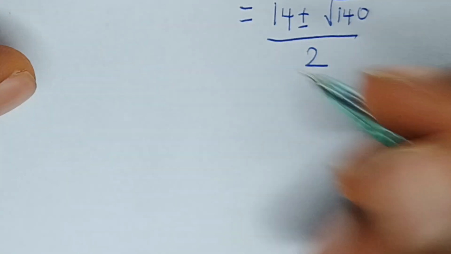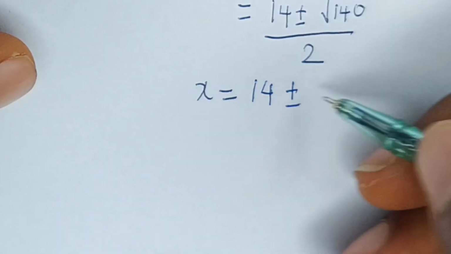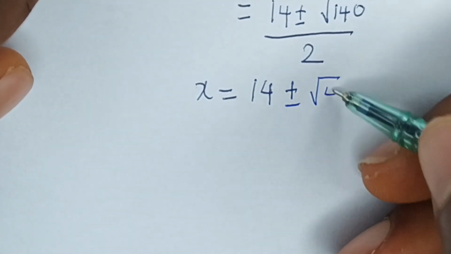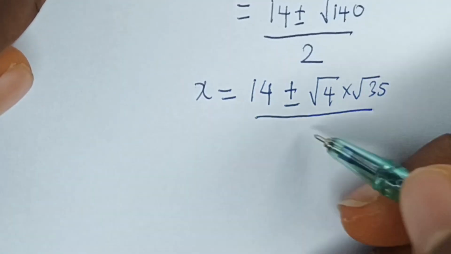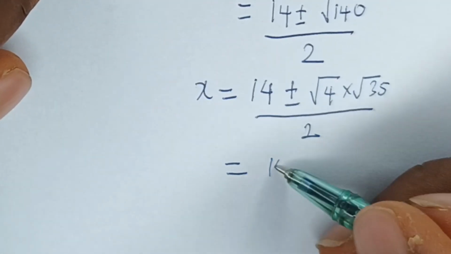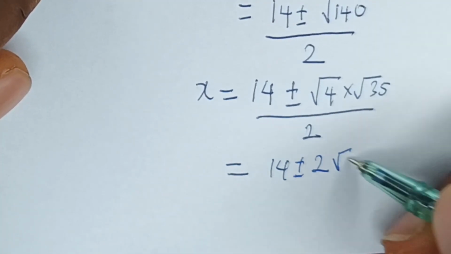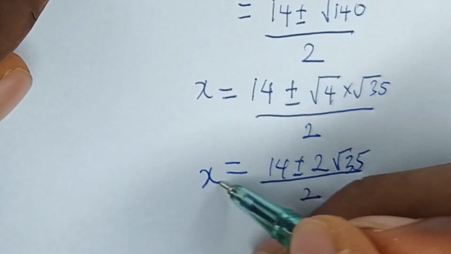Now x is equal to 14 plus or minus square root of 140, which can be rewritten as square root of 4 times square root of 35, all over 2. Now square root of 4 is 2, so 14 plus or minus 2 root 35 all over 2 is equal to x.